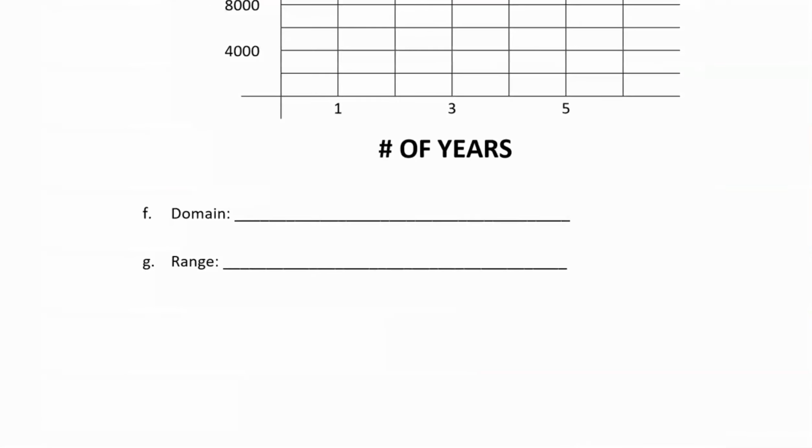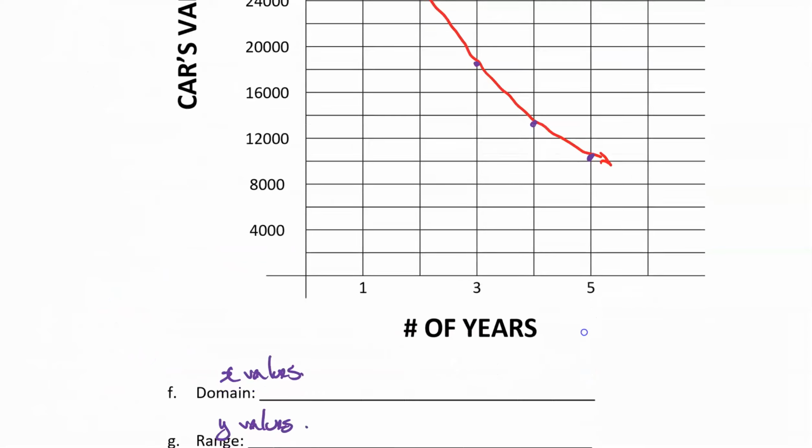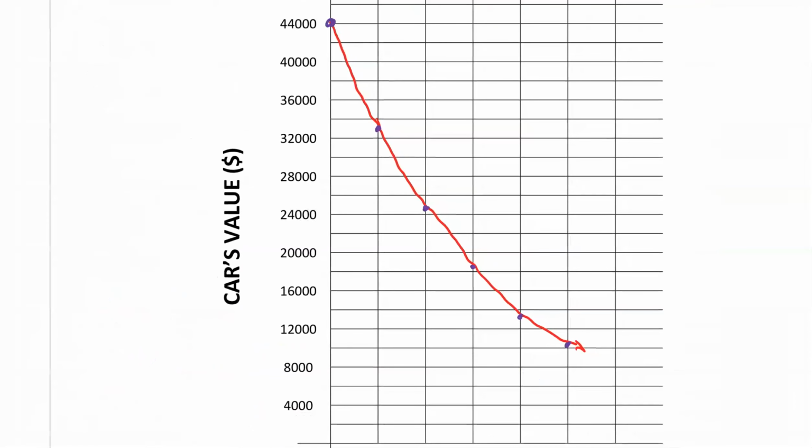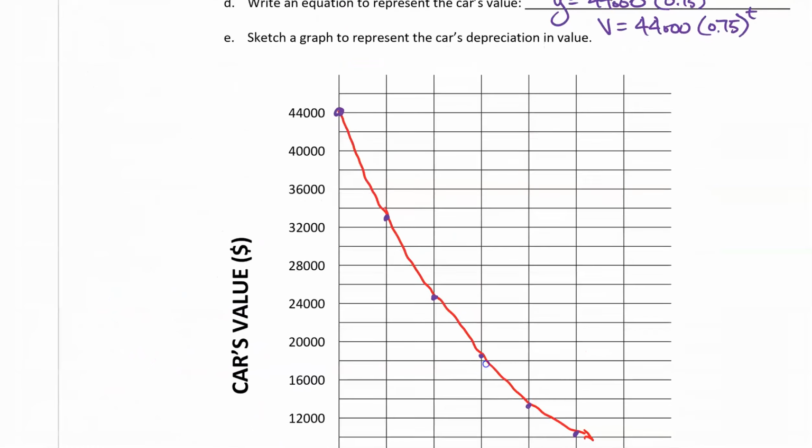Ooh, we got a question about domain and range, right? Domain is the x values that this graph will cover, and the range is the y values that this graph will cover. So when you think about the x values that this graph will cover, well, it starts off at 44,000. Was it ever even higher than 44,000?